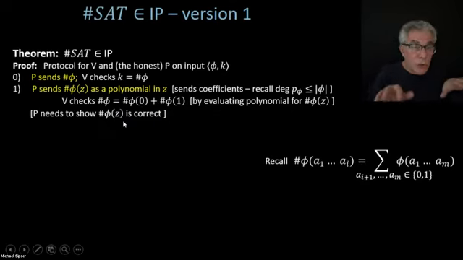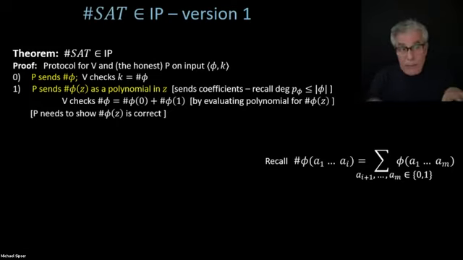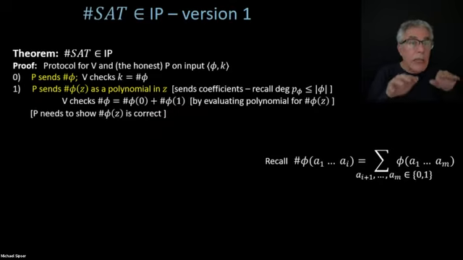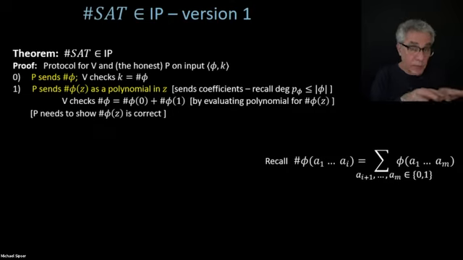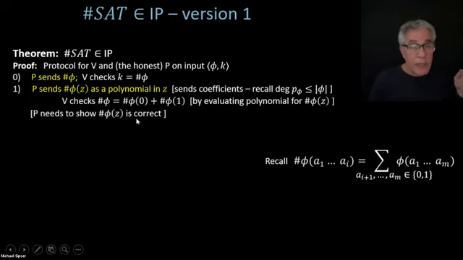But now we have the correct polynomial and the possibly incorrect polynomial, and the point is those two can only agree in a small number of places, by that fact that we proved a couple of lectures back regarding polynomials. So two different polynomials can agree only rarely. So the way the prover is going to justify that this polynomial was the correct one is by evaluating it at a random place and then demonstrating that the value you get is a correct value.